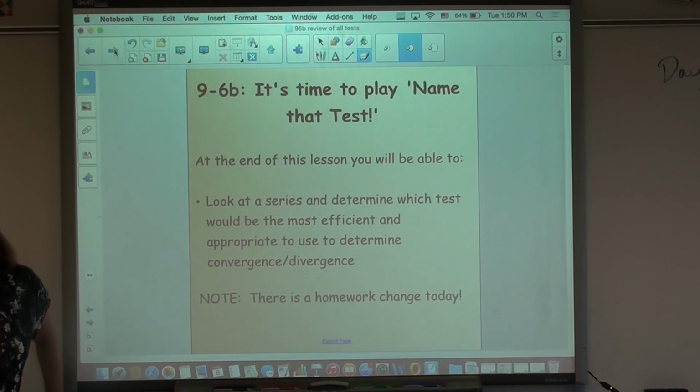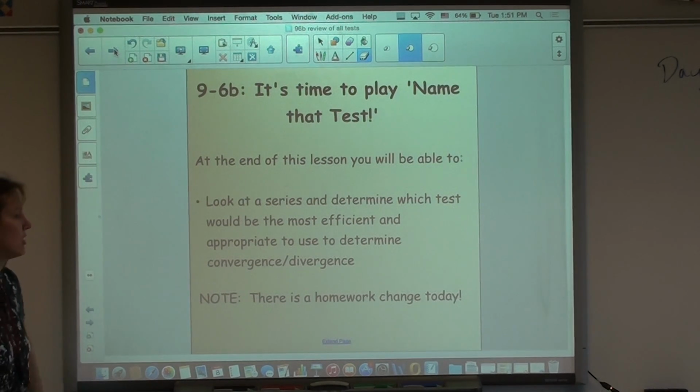Those are the ones that can get a little tricky. The other thing I want to make sure that we walk out with today is a fairly solid understanding of how to apply each test, right? So that's the goal for today: how to know which test to use, and then how to apply each test.